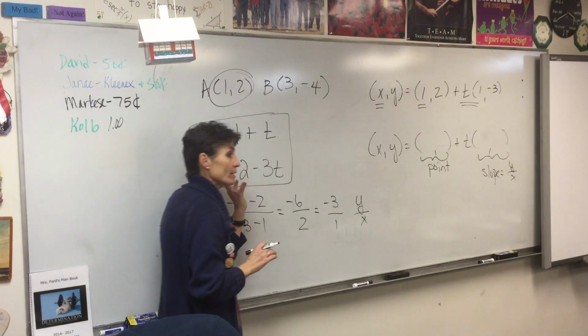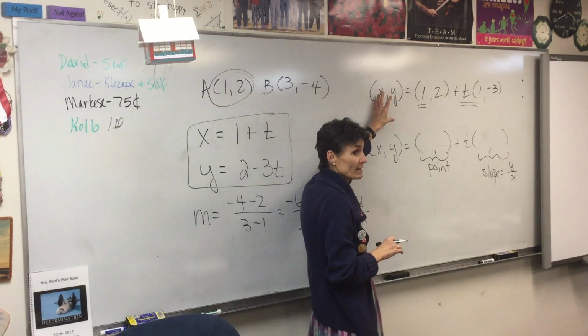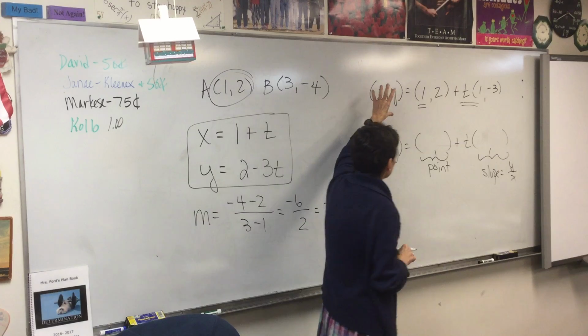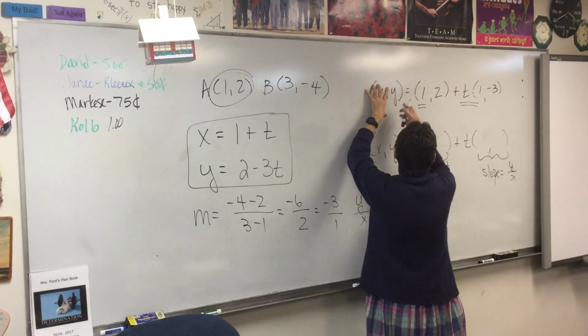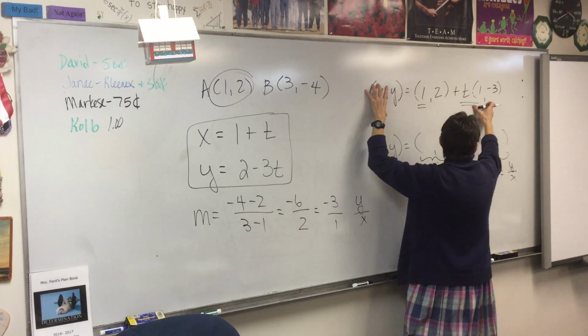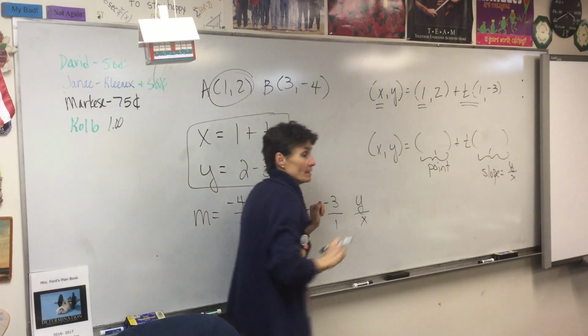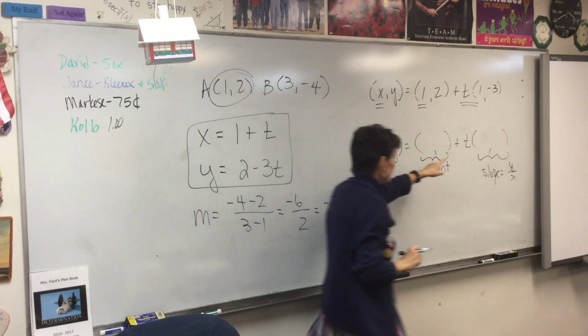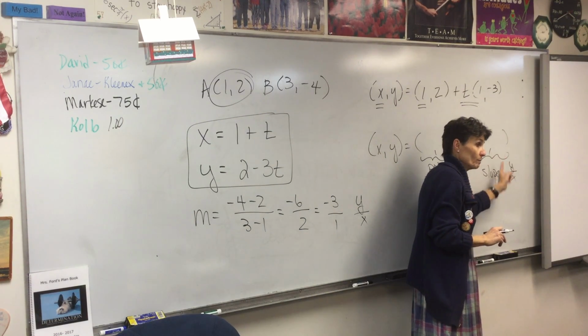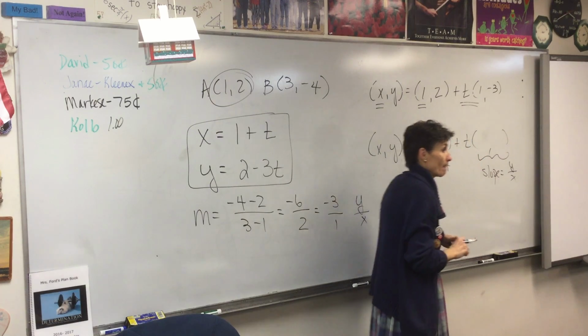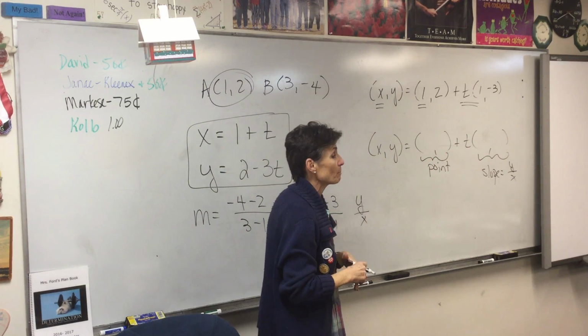So when we write our equations, given the format already set up, x is the first part of every ordered pair, and y is the second part of every ordered pair. And t goes with the slope. T gets hooked to the slope numbers. So the t is the slope? No, t is not the slope. T is the parameter.